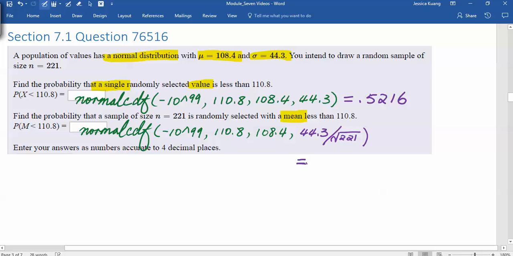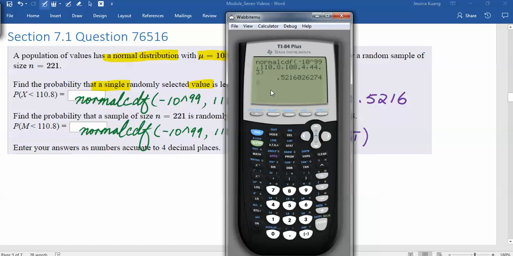And the second probability, here's a trick. I know I'm going to enter pretty much the same thing. So let me be a little bit lazy. I'm going to enter second, enter.